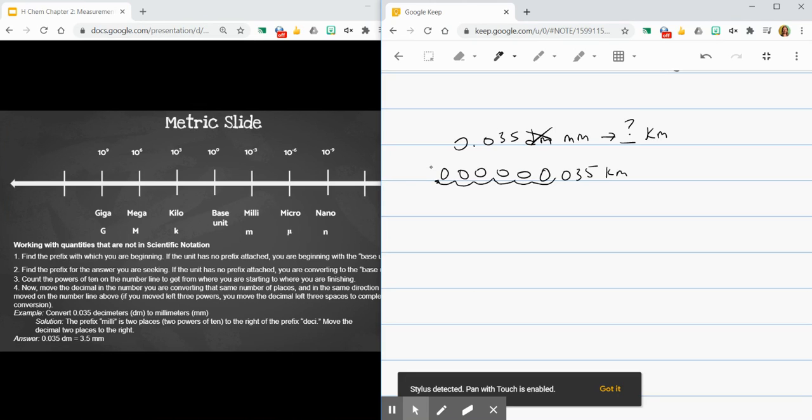Okay, so if we were doing it using dimensional analysis, we would have written our given millimeters over 1, and we would have had to go from 1,000, 10 to the 3rd millimeters in 1 meter, and then we would have had to convert from meters to kilometers, 1,000 meters in 1 kilometer.